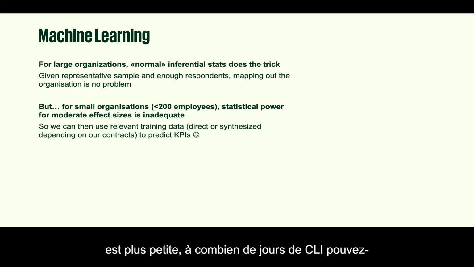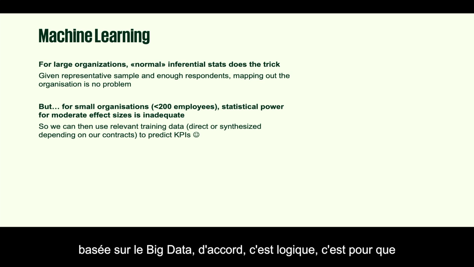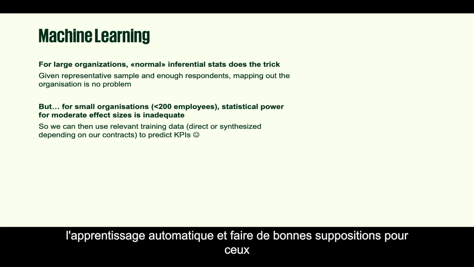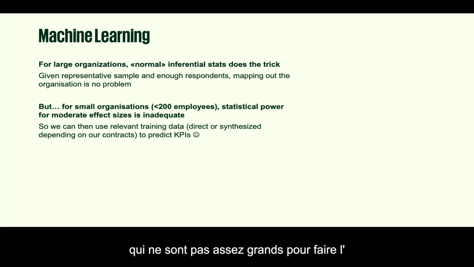How many days of sick leave can you expect, and what can you expect with your smaller size based on big data? Okay, makes sense? So that's where we can plug in machine learning and make good guesses for those who are not big enough to do the full analysis.